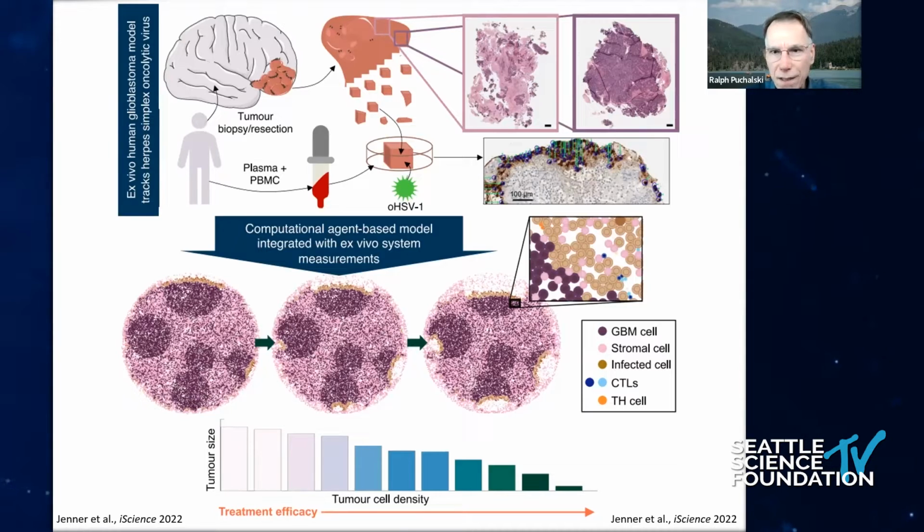And we included such things as glioblastoma cells, stromal cells, infected cells, cytotoxic T lymphocytes, and the T helper cells. And we ran several simulations to develop and improve the model, and then validated it using new empirical data. We found that treatment efficacy is related to tumor cell density, with greater density associated with higher efficacy.